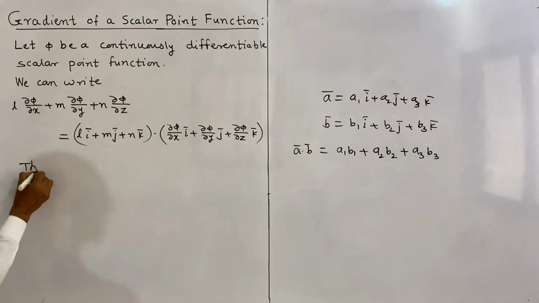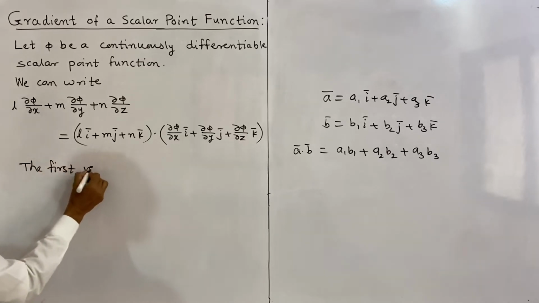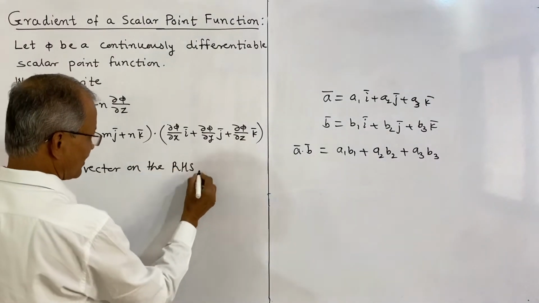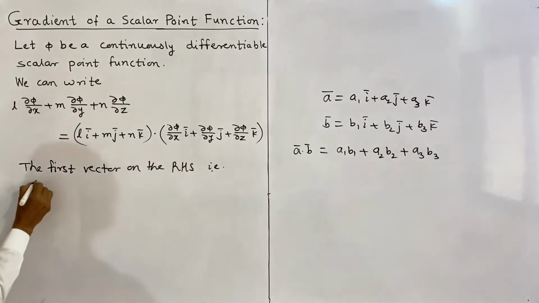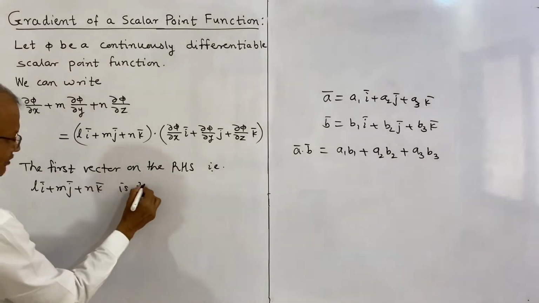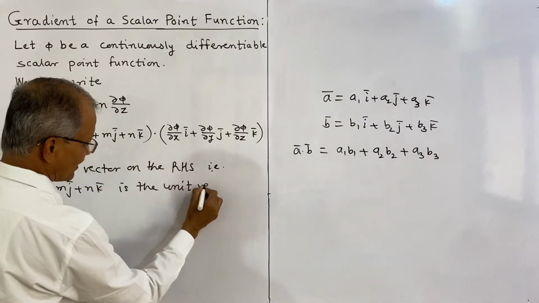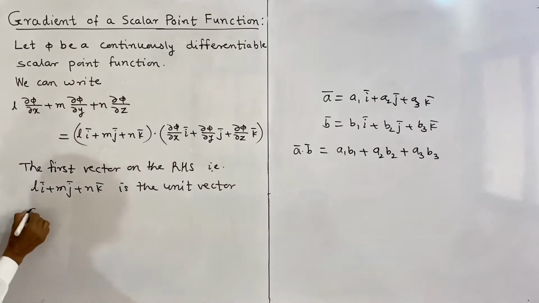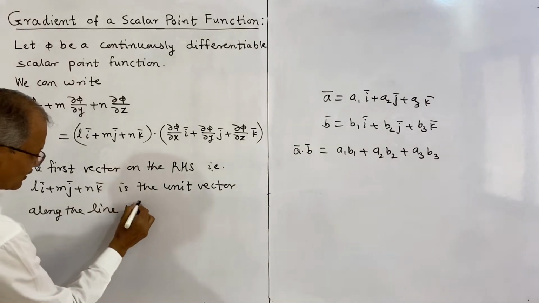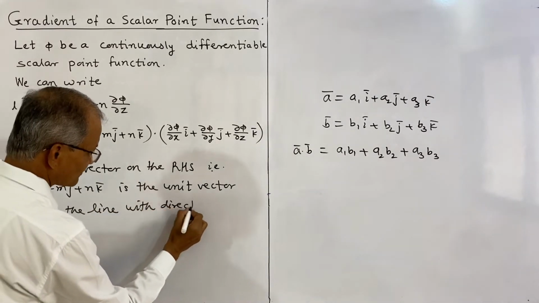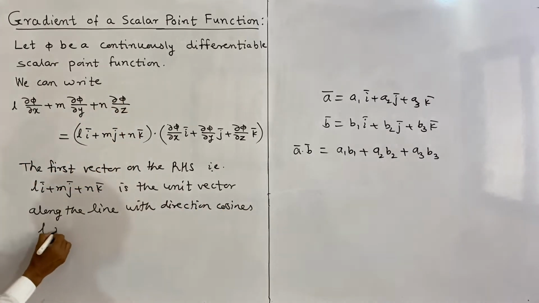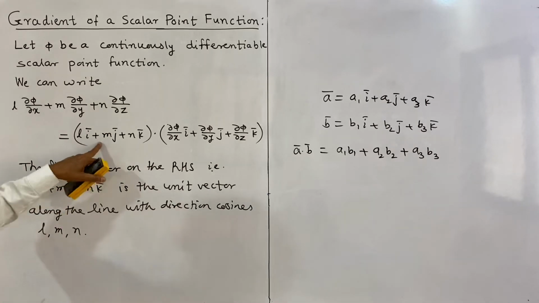The first vector on the RHS, that is l i plus m j plus n k, is the unit vector along the line with direction cosines l, m, n. Because what is the magnitude of this vector?